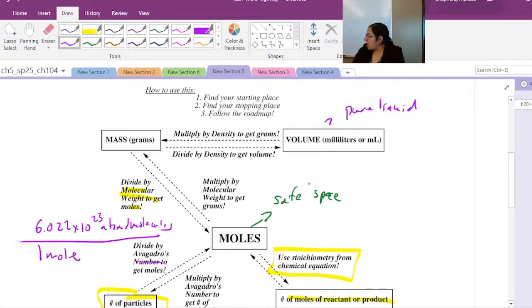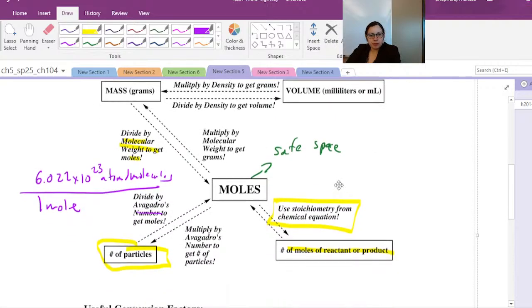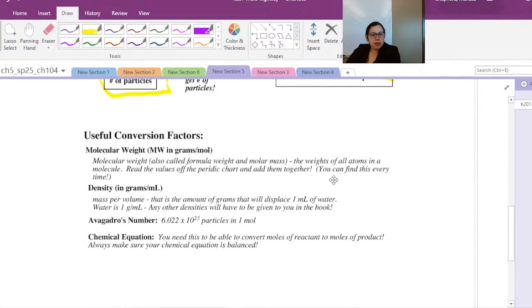This does not have molarity on there, so that's something we'll tackle in another chapter. All right, so that's a nice guideline, and more helpful hints here, reminding you of Avogadro's number.